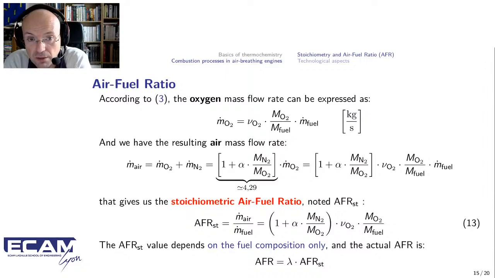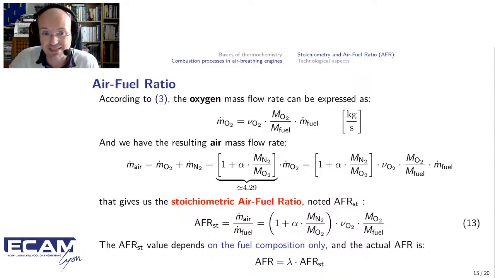This air-fuel ratio must be compared with the stoichiometric one. So what is the stoichiometric one? It is the AFR with the subscript ST. ST means stoichiometric. It is the amount of air, in mass, you need to supply to your combustion process to have exactly the stoichiometric combustion. And when you are in stoichiometric combustion, all the fuel is consumed, and you are supposed to not have any oxygen at the end.